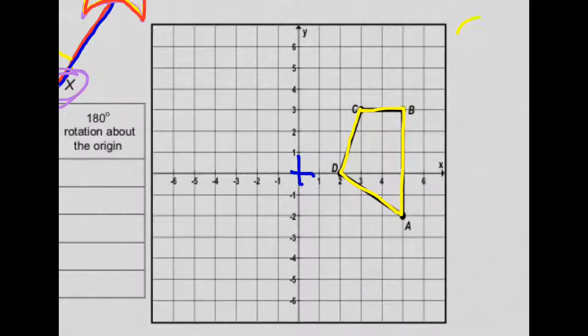And now, since we're rotating it 90 degrees clockwise, let me just select this thing here. Okay, and I'll rotate it 90 degrees clockwise.